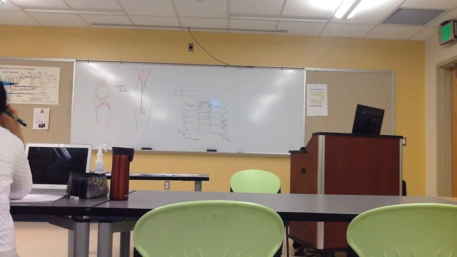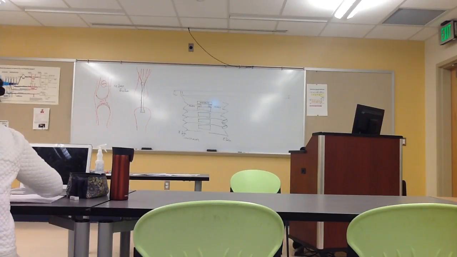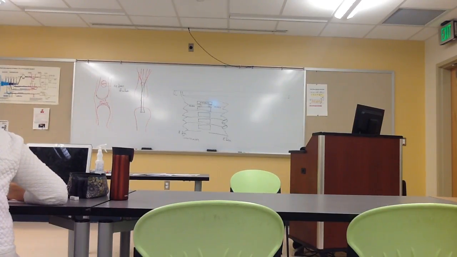This is able to resist pushing forces, twisting forces, all these forces being put on that long bone. This bone is really dense compared to the spongy bone, which is very porous, like a sponge. So this part is compact, because it's dense. The structural unit of compact bone is the osteon.